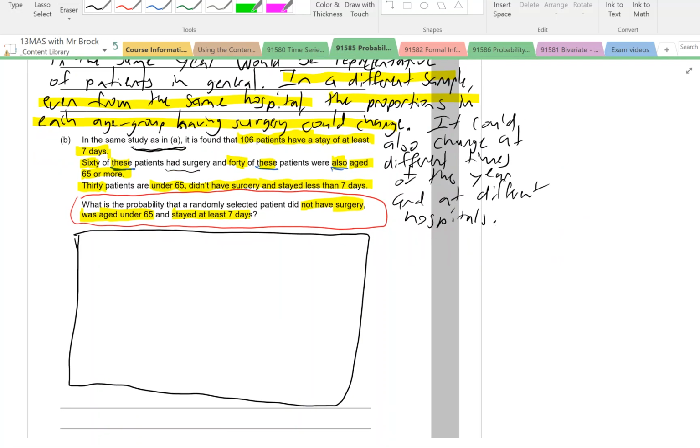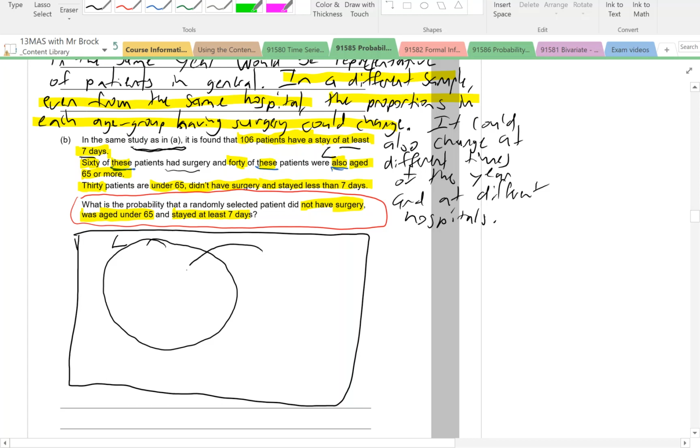So, the 3 category variables. Firstly, it's whether they stay for at least 7 days. So I'm just going to call that L for long, whether they stay for a long time. And so that's my first circle. I make my circles quite big, so I've got heaps of room, so that's L for long. The next category is whether they had surgery, so that's going to be S for surgery.